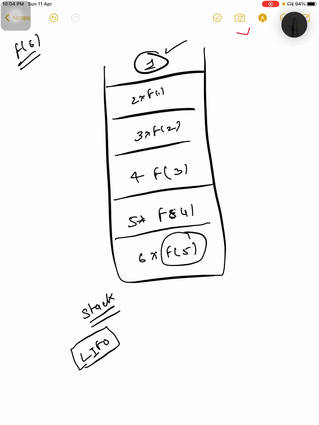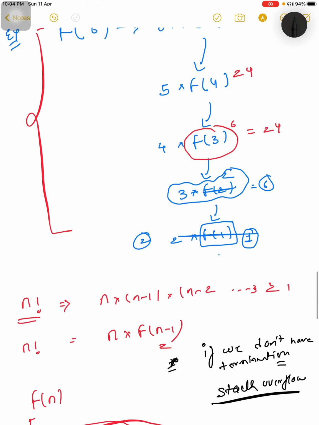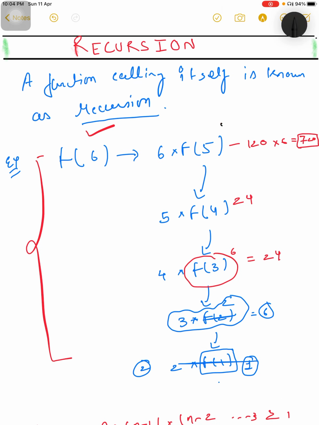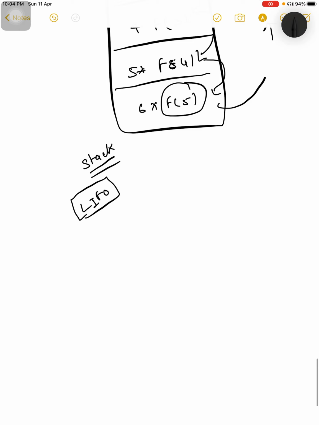So f1 will return first, then f2, then f3 will return, then f4, and f5 will return, generating the result 720. This is what we have done in the above example. So in order to solve this problem by recursion, we use the stack.